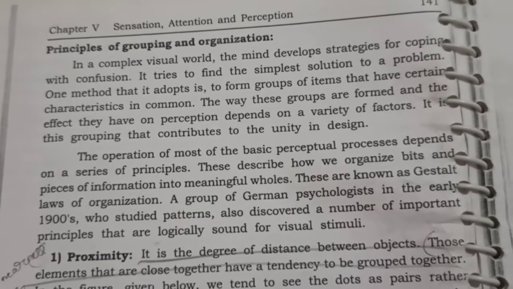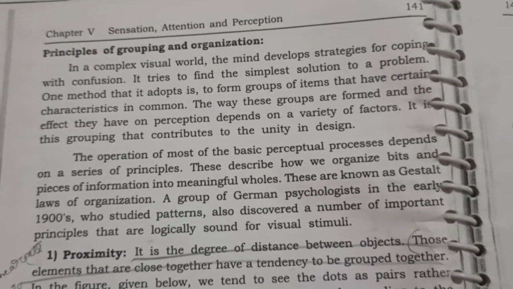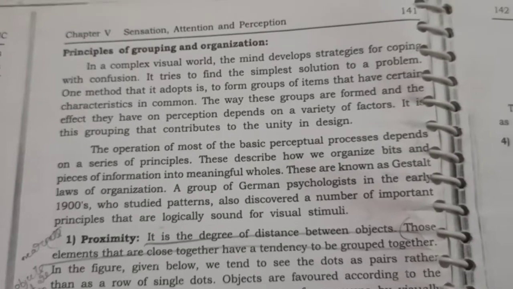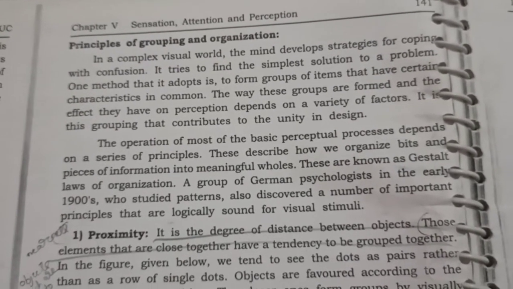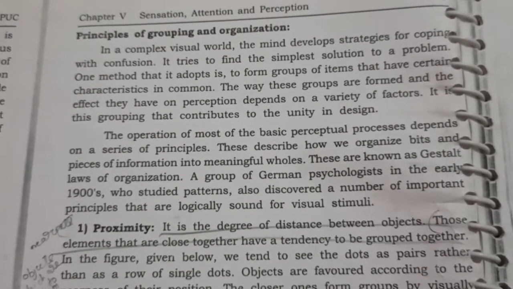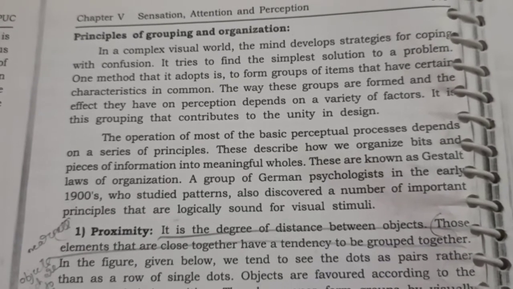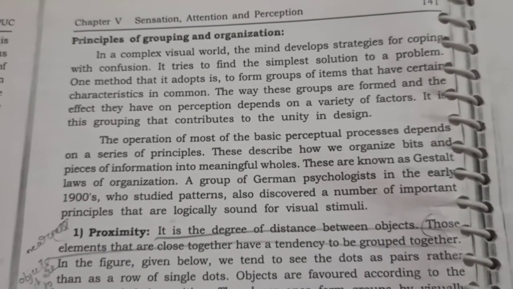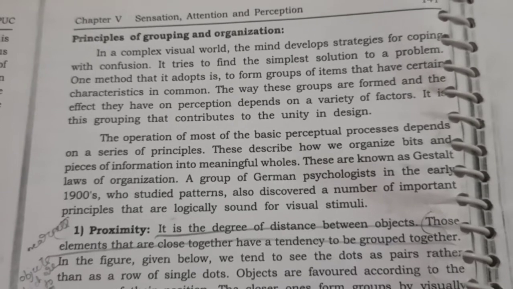So the operation of the most basic perceptual processes depends on a series of principles. These describe how we organize bits and pieces of information into meaningful wholes. These are known as Gestalt's laws of organization.